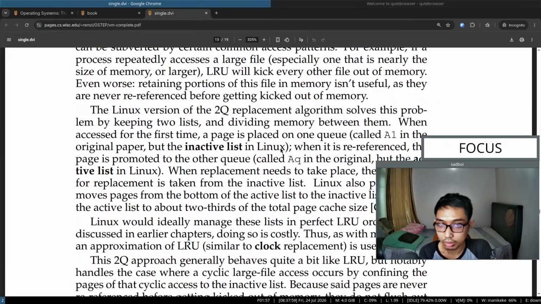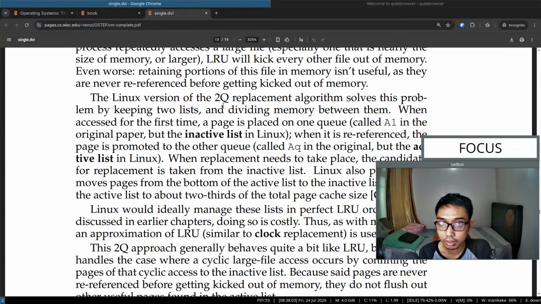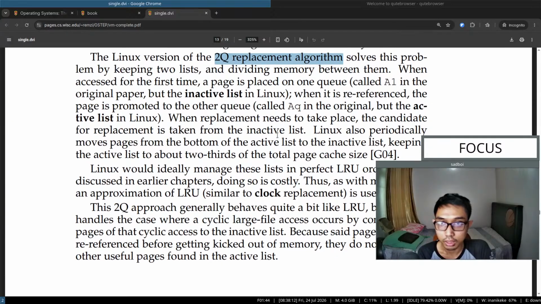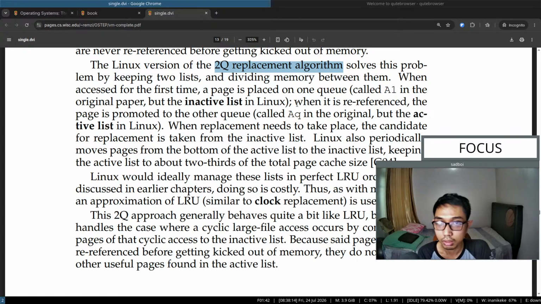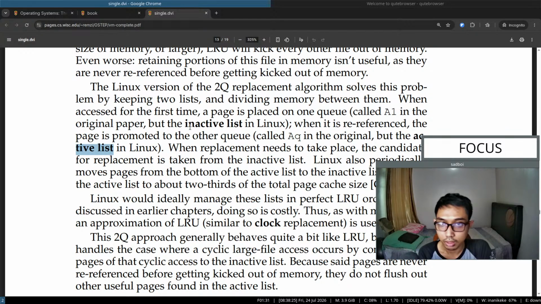Yeah, I'm still not sure. To queue replacement algorithm. Like for example, the active list. Is the active list the main queue or something like that?